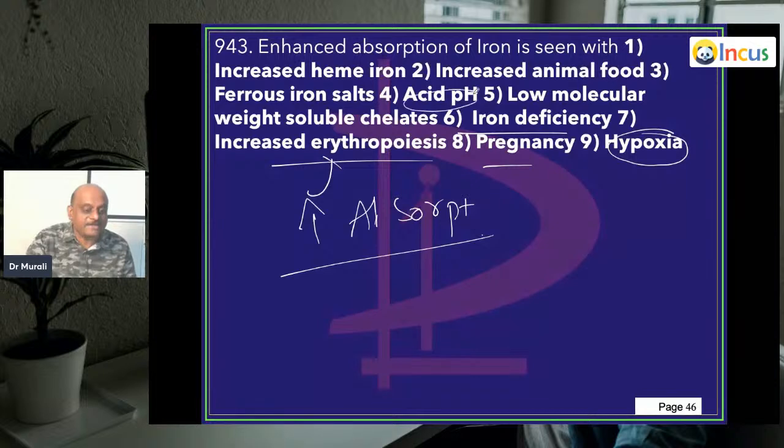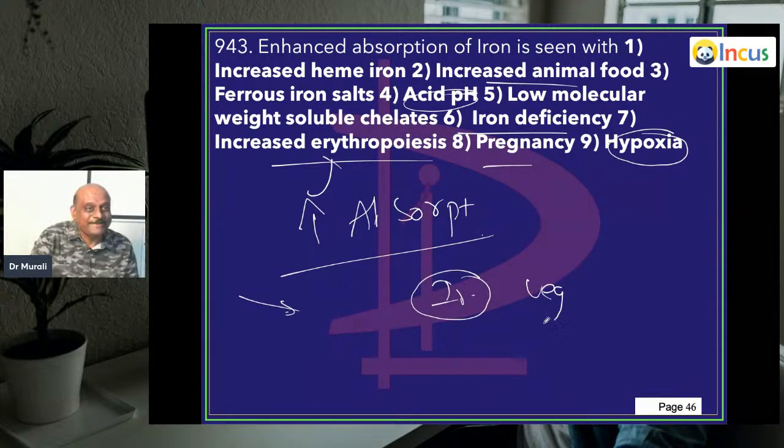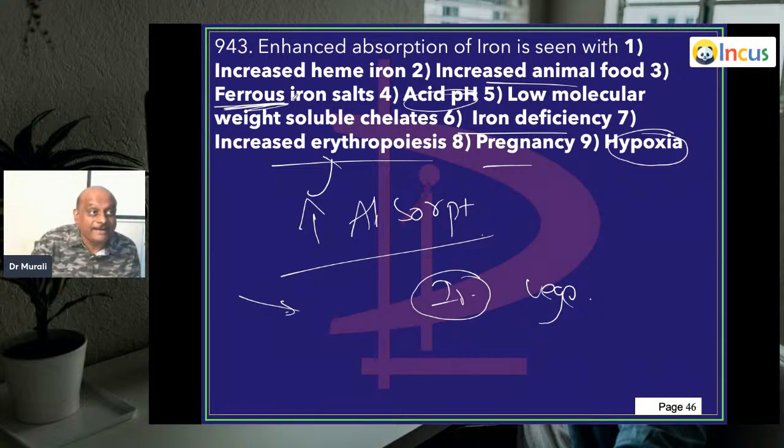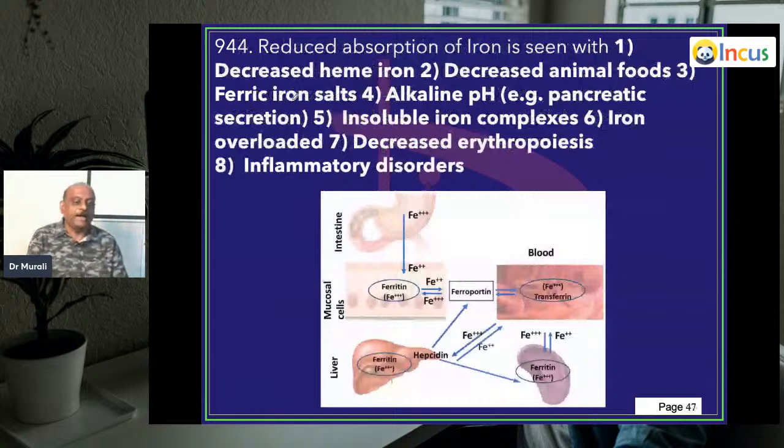Hypoxic conditions, acid pH, increased animal food. Iron in the mutton is stronger than the iron that comes from pappu or vegetables, right? Be very sure. Then iron, you have ferrous and ferric salt. Ferrous salt is more absorbed than ferric. So these are all the conditions that enhance the iron absorption.